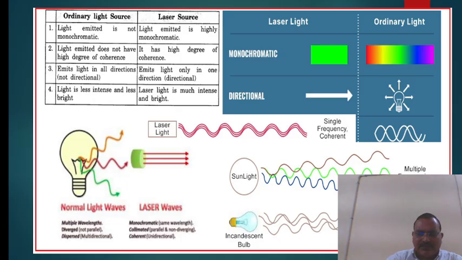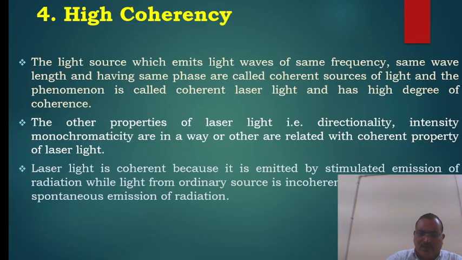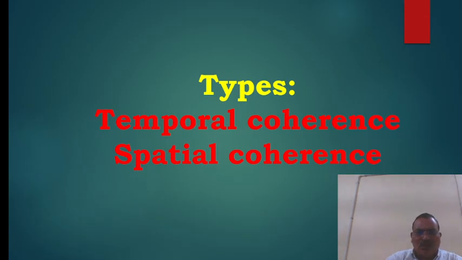For coherency we have to go into the inherent phenomena of coherence and its types. There are two types, temporal coherence and spatial coherence, because coherency is an important property of lasers that needs to be explained.